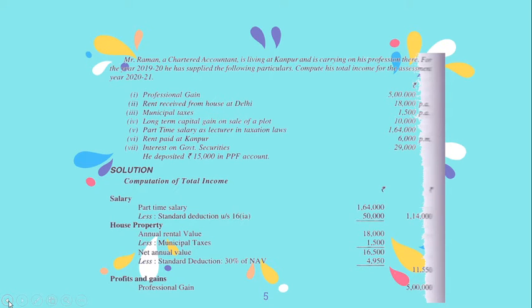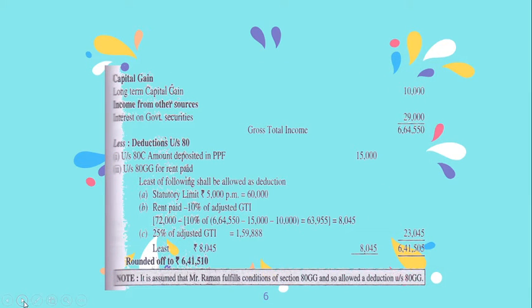The question says he has deposited 15,000 in public provident fund account. So under section 80C, we have the amount deposited in PPF, 15,000. Next, he has paid rent, so deduction under section 80GG.